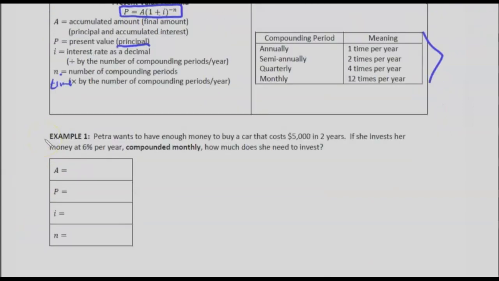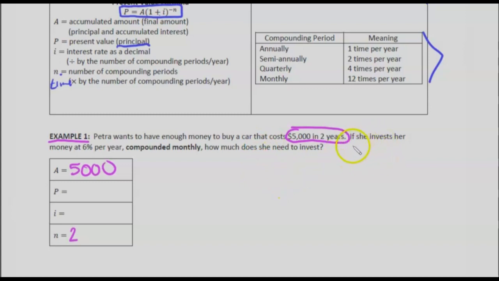Okay, example 1. Oh, and I'm going to leave this at the top of the board. Petra wants to have enough money to buy a car that costs $5,000 in 2 years. Okay, so in 2 years, so then N, we're going to start with the 2. She wants to have $5,000. So that's going to be the end amount. That's what she wants in the future.